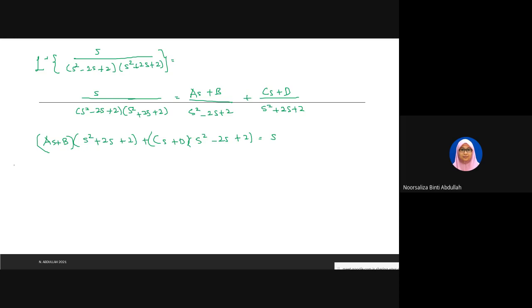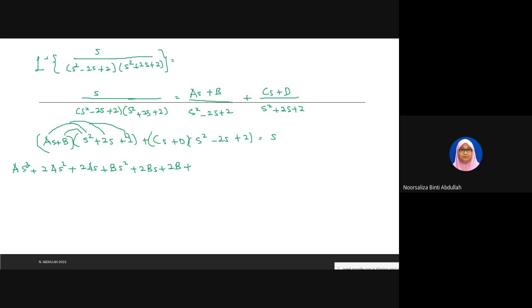So you ada AS kuasa 3 tambah 2AS kuasa 2 tambah 2AS. A, you darab A dulu. Then you darab B pula: plus BS kuasa 2 tambah 2BS tambah 2B.